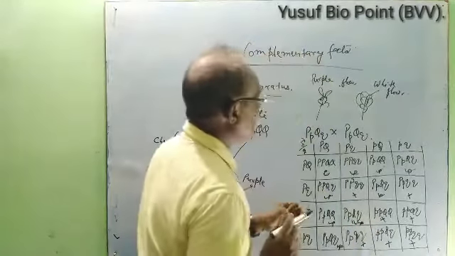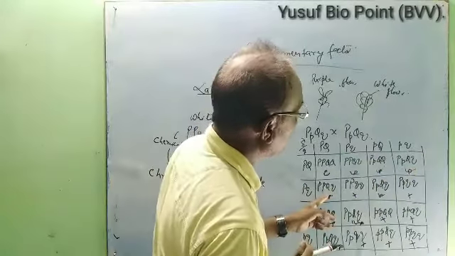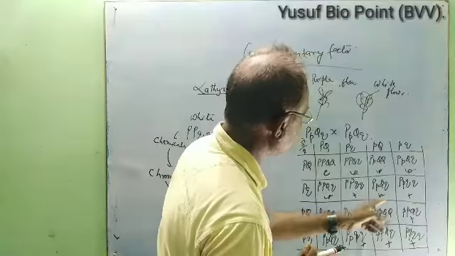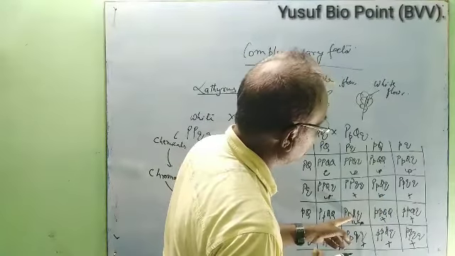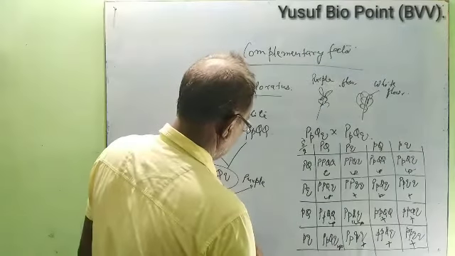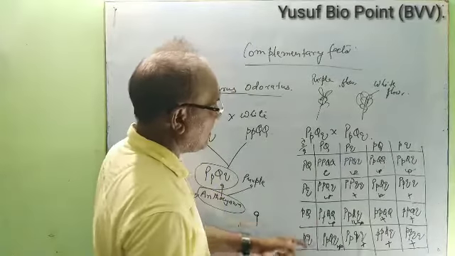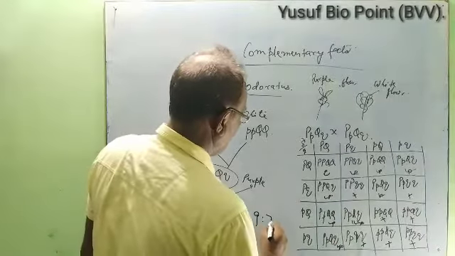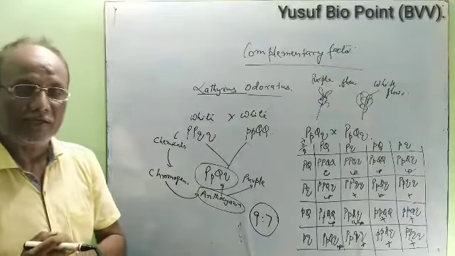Now count: 1, 2, 3, 4, 5, 6, 7, 8, 9. Ninth, you will get purple color and the remaining 7 white. So the ratio is 9:7.